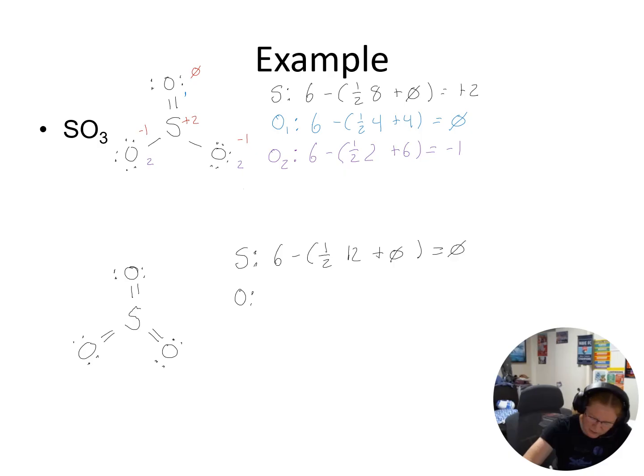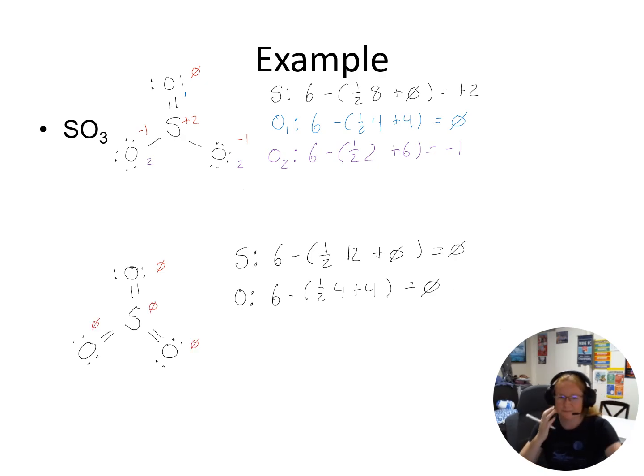All 3 of my oxygens are equivalent. 6 minus 1/2 of 4 plus 4 is also going to give me 0. 0, 0, 0, 0. Which one's the better structure? The expanded octet is.